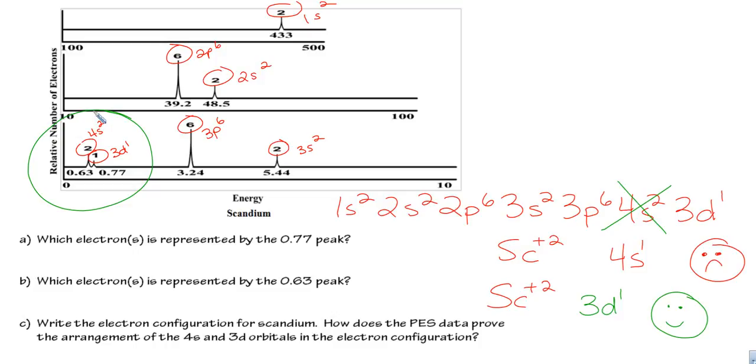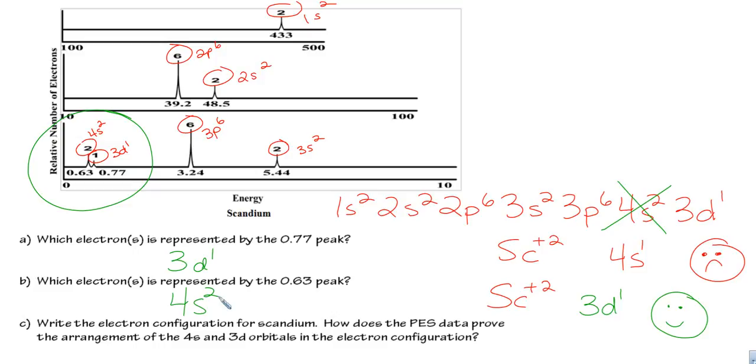Which electrons are represented by this 0.77 megajoule per mole peak? Again, that's why I like to plot it all out. That should be the 3d1. How about the 0.63? That should be the 4s2. Cool. So again, PES data is used to confirm a couple things.